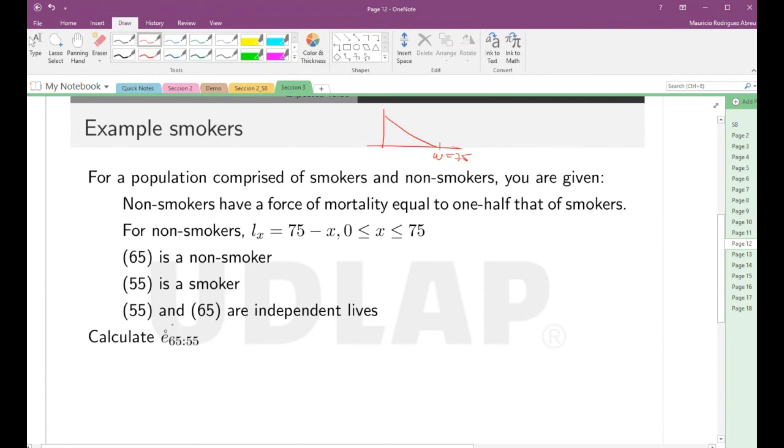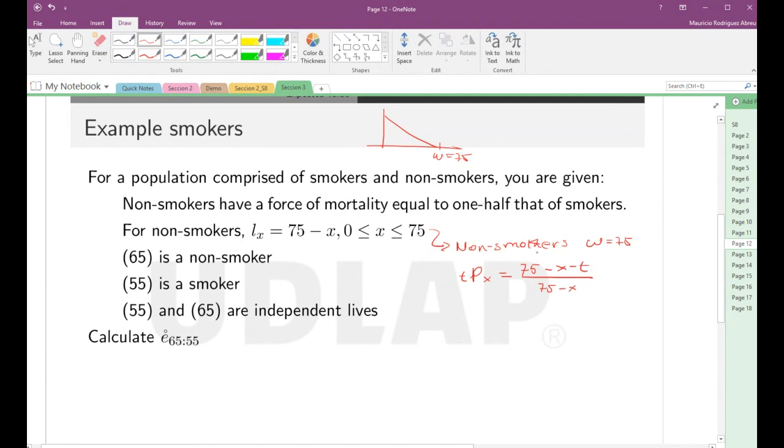Okay. So what do we have here? So for non-smokers, with omega being 75, the probability of a person age X reaching age X plus T is 75 subtracting X subtracting T divided by 75, which is the general expression for our demoivred law of mortality.